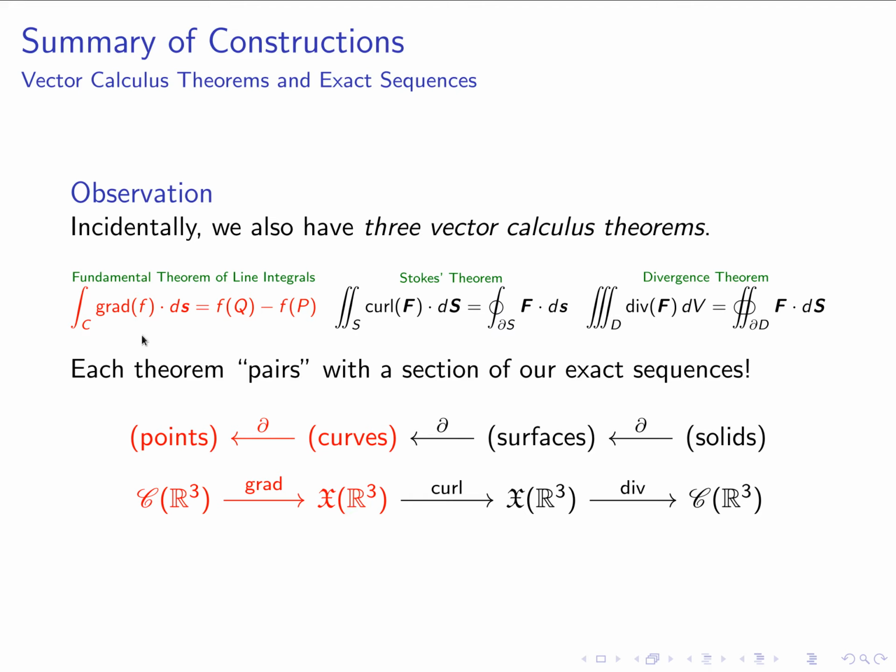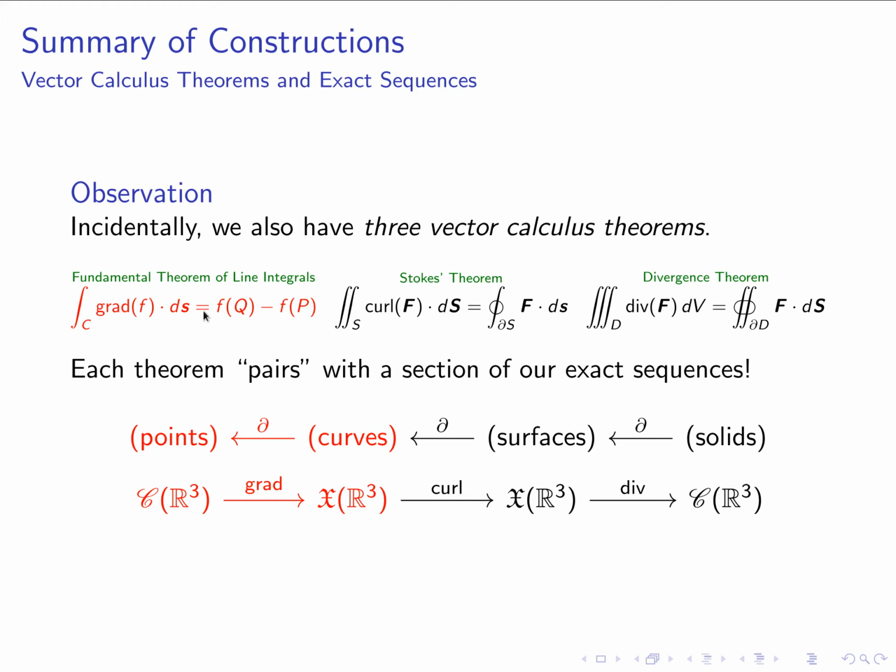Well, what we're finding here is that in the fundamental theorem of line integrals, what we end up doing is taking the gradient of a scalar field to produce a vector field, and then we integrate over an object, and that object is a curve.